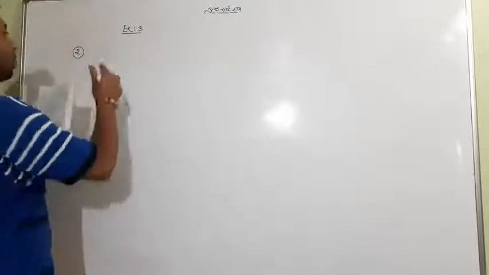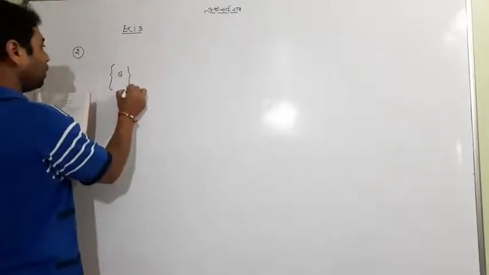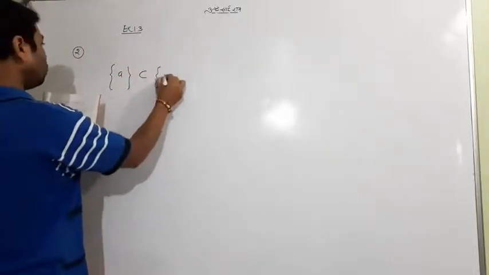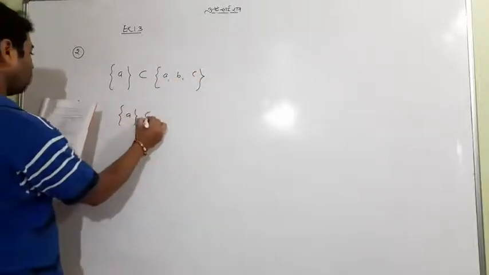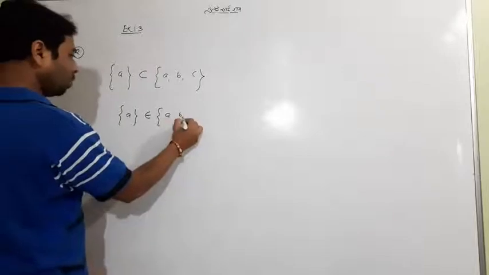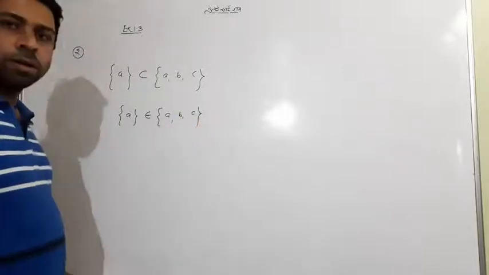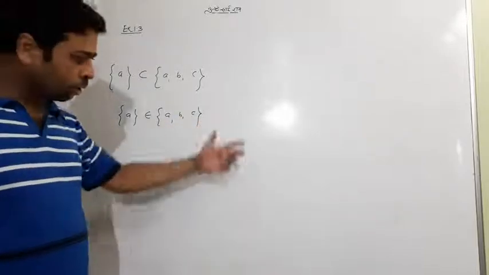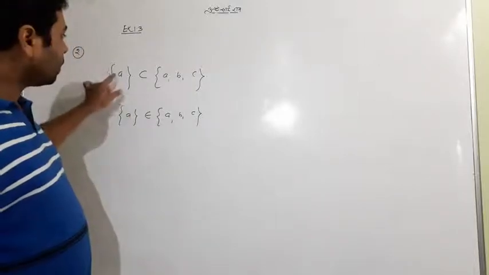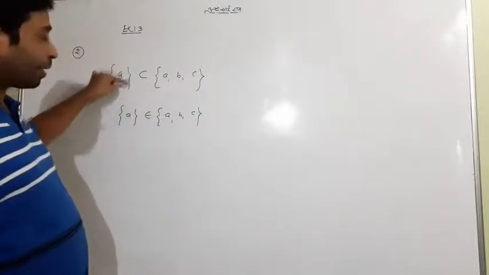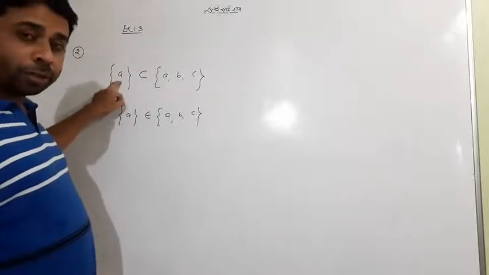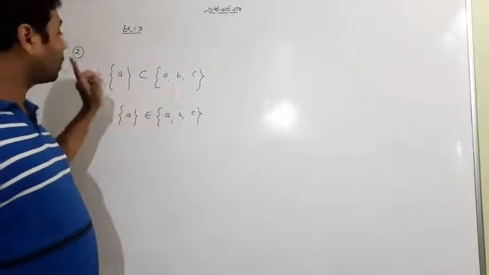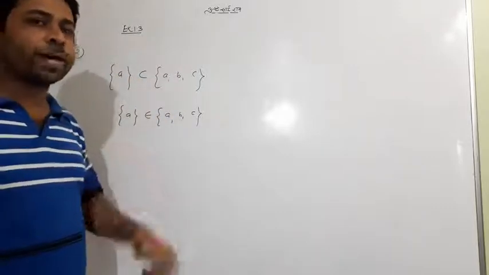What about the next? Let me write these two together. This is a very impactful and simple concept which I recently discussed with you. This is A in the form of a set. All elements of this set are also elements of that set, so it is called a subset, and that is true.